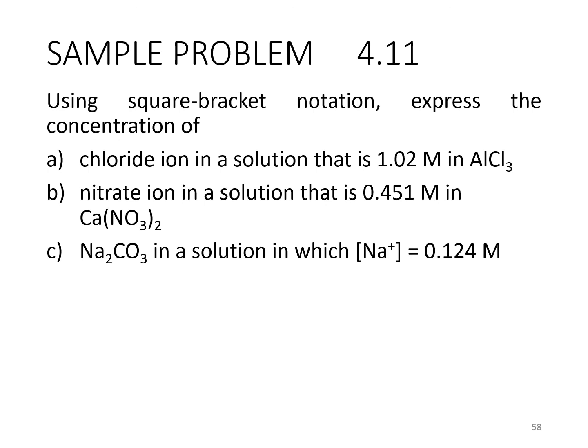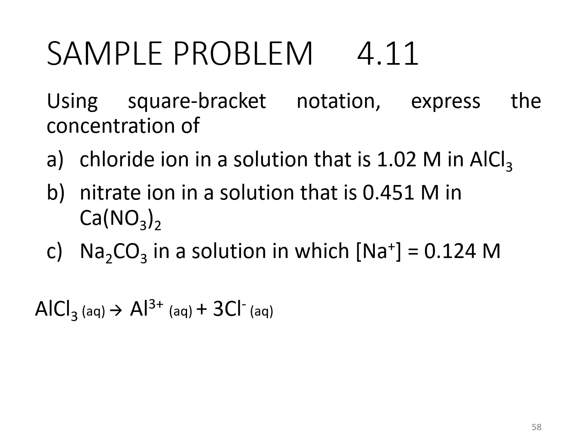So we can try a few of those. Let's take a look at chloride ion in a solution that is 1.02 molar with respect to aluminum chloride. So again, we won't have to write this out every single time, but this is what that equation would look like. Aluminum trichloride, if it is aqueous, is going to form 1 aluminum cation plus 3 chloride anions, all aqueous.